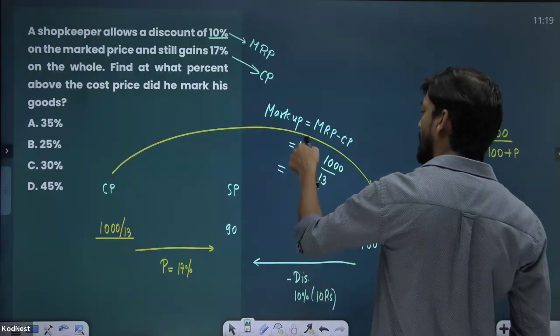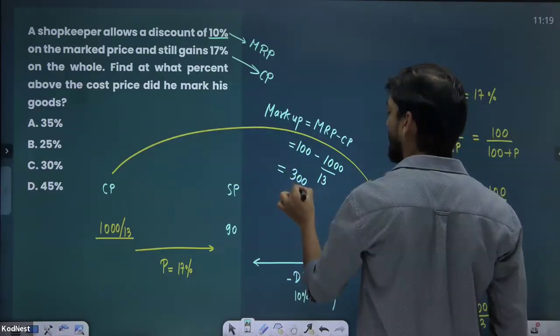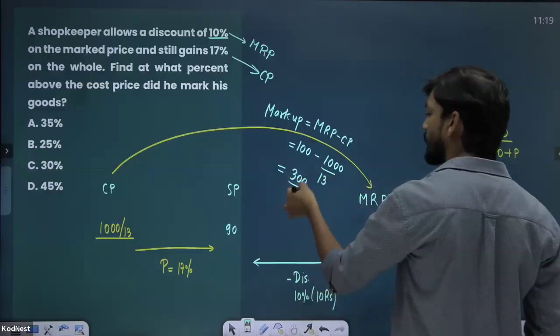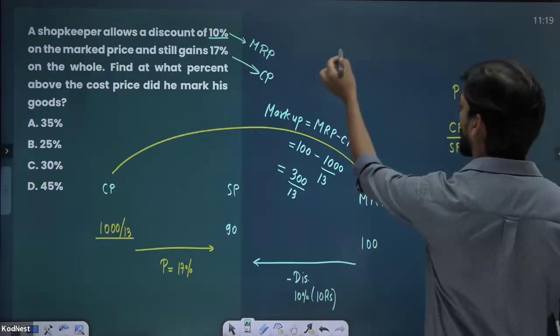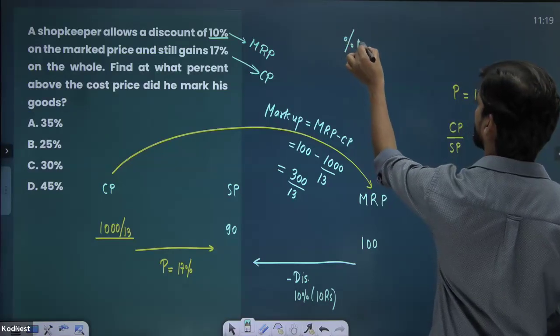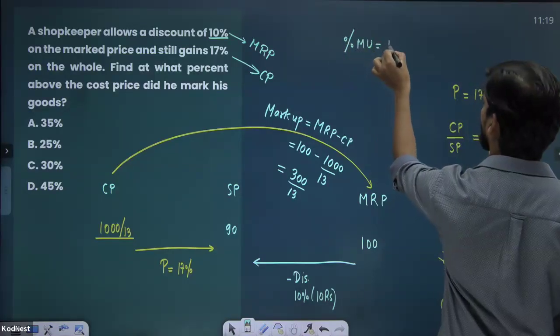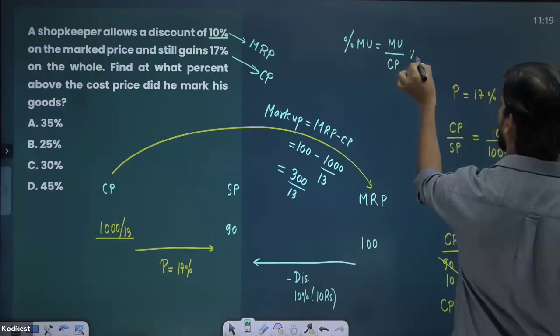Okay. So 1300 minus 1000 will be 300 by 13. This is what it will come out. After this, I will have to apply the formula, which is percentage markup equal to markup divided by cost price into 100.